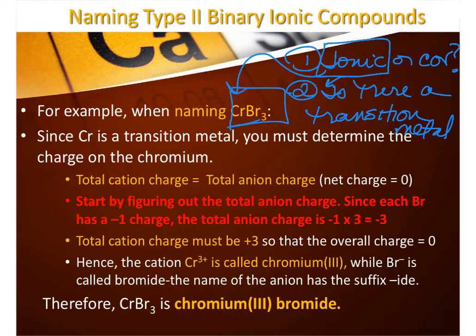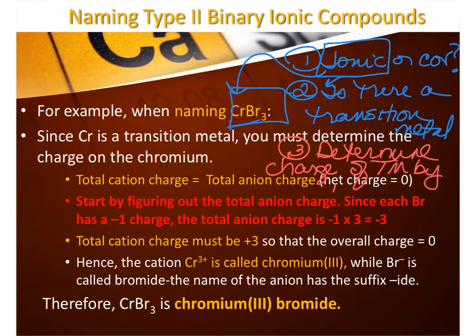So if there's a transition metal, then you have to determine the charge on the transition metal. Again, determine the charge of the transition metal by starting with the charge on the anion, by looking at the anion.